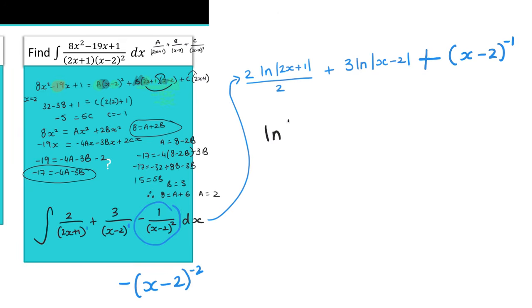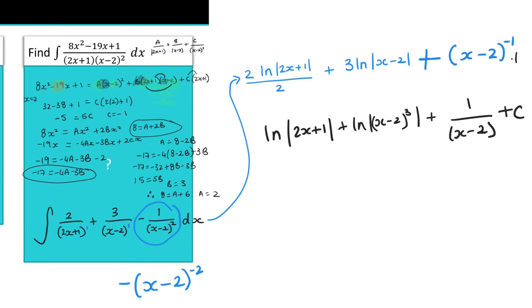So we're going to get ln of 2x plus 1 plus ln of x minus 2 all cubed plus 1 over x minus 2 plus c.